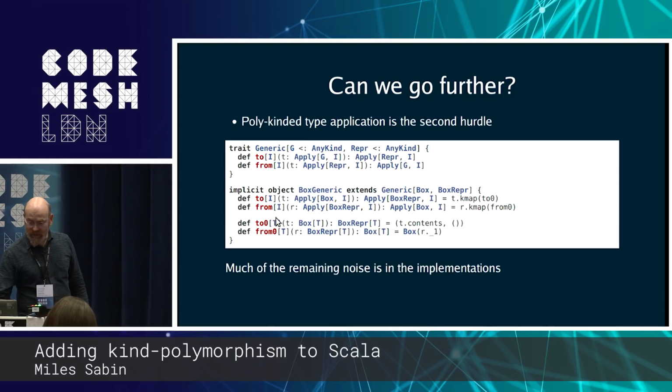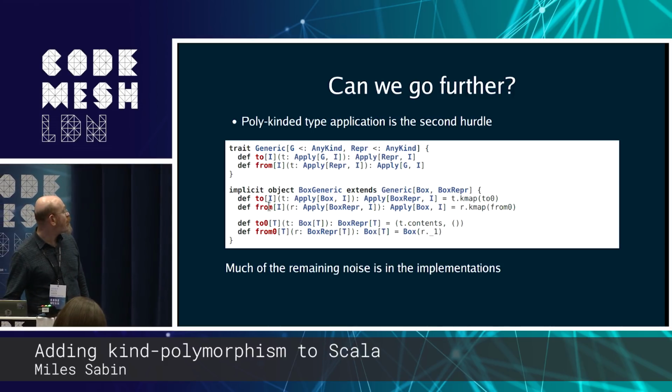So that's these two things here. They make a bridge between the interface for generic, and this, which is the implementation specific to this box data type and its kind, which is star arrow star.